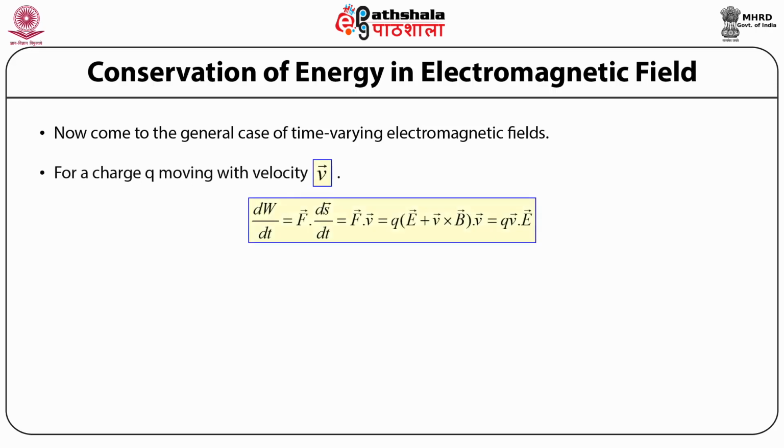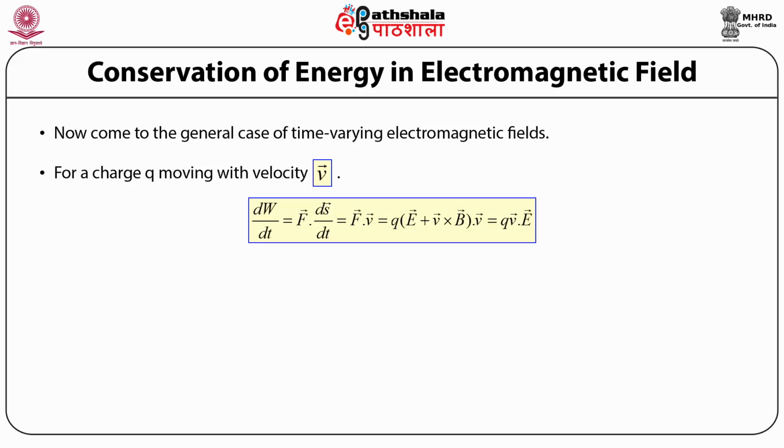So if we have a charge q which is moving with a velocity vector v, then the rate of work done on this charge is given by using the definition of the Lorentz force. So the time derivative of the work done on this charge is equal to the Lorentz force F dot the time derivative of the displacement, that is the scalar product of the Lorentz force and the velocity vector v.